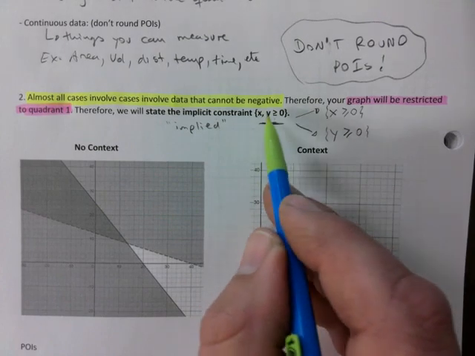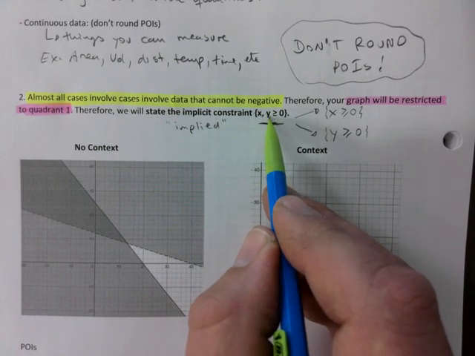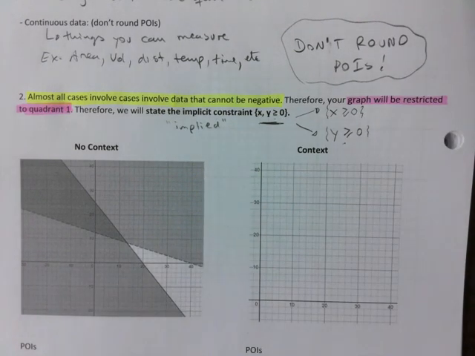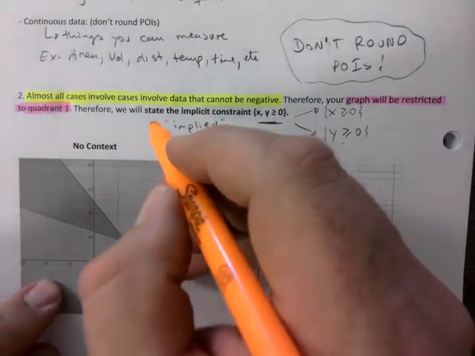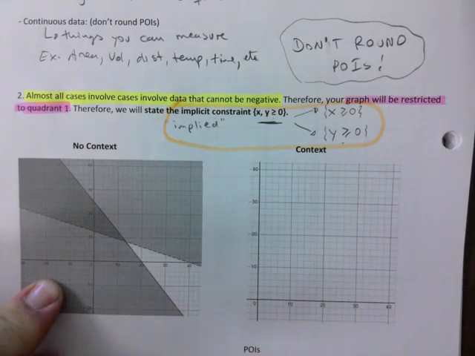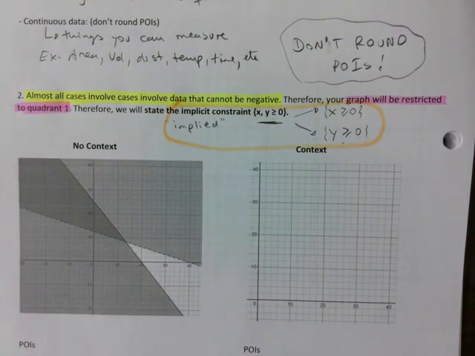You can either state it like this, the shortcut, or you can state it separately. It's up to you. I think you might forget, so when you read through it, it's like, hey, this is the implicit constraint. We're implying that x and y are greater than or equal to 0.